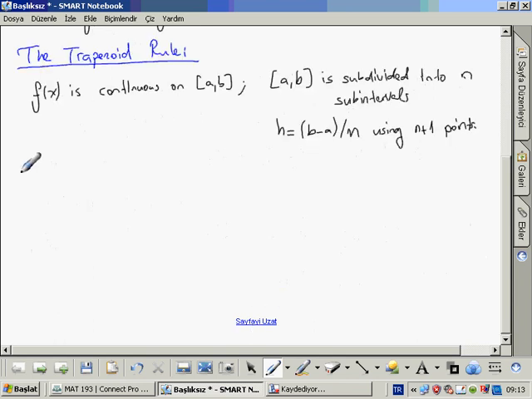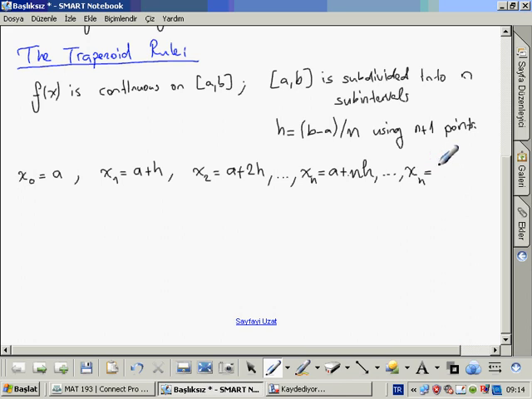That means x0 equals a, x1 equals a plus h, x2 equals a plus 2h, and it goes on like that, and xn equals a plus n times h, which equals b.